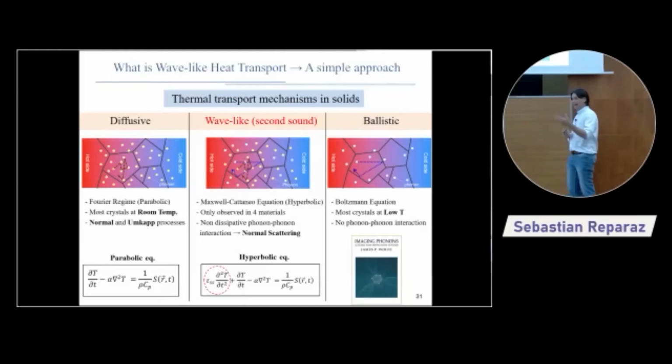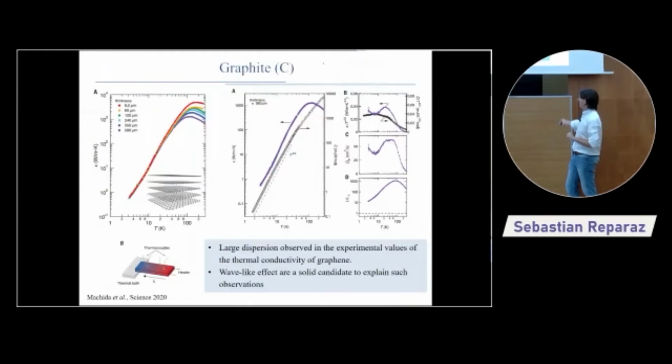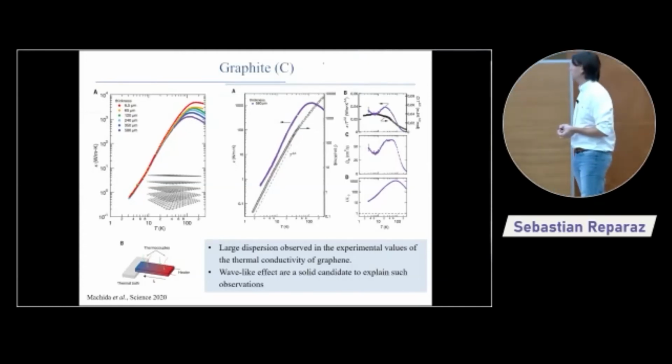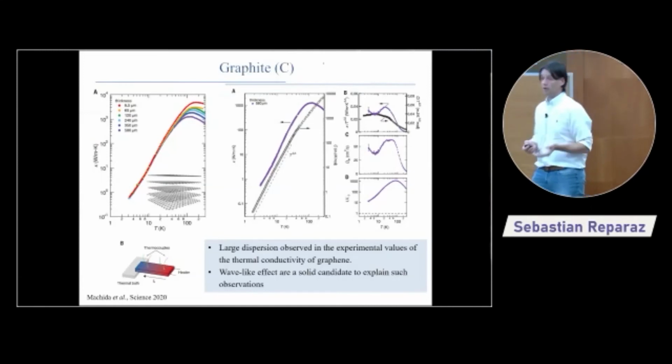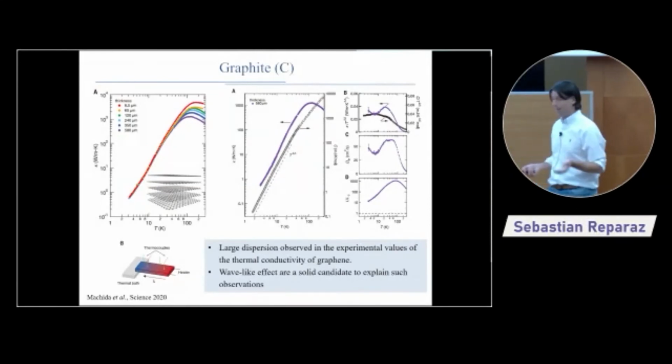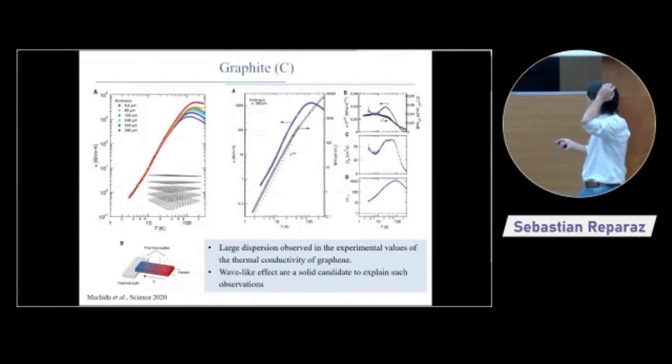And this is actually related to anisotropy in the case of graphite, as I will say. A couple of years ago a paper appeared in Science when people were studying graphene systematically, and all of you, I guess, are super aware of this, and you may even recall that the first measurement of thermal conductivity of graphene, close to 2010, by Balandin, was by Raman thermometry, and there was a lot of discussion about whether these results were good or not.